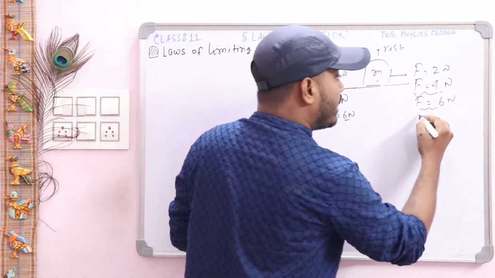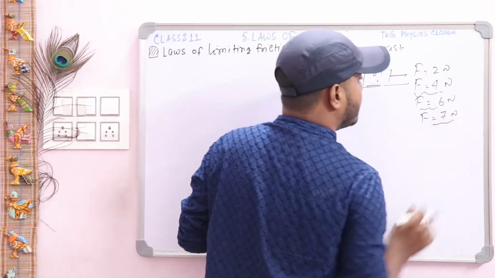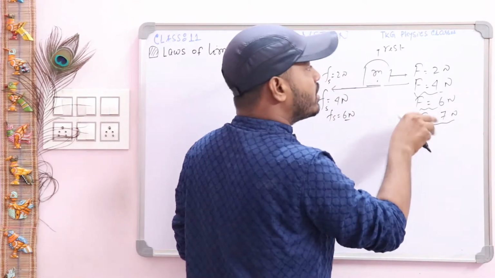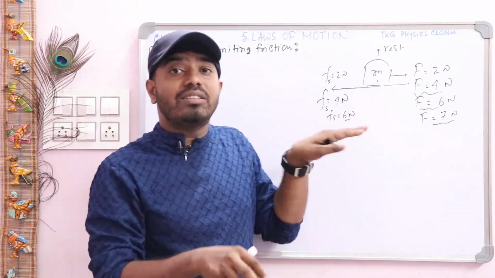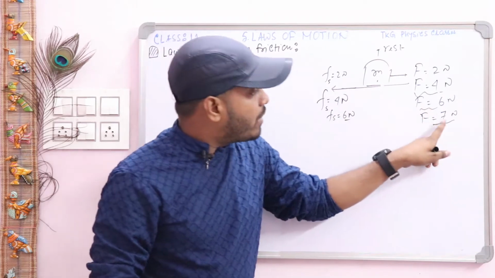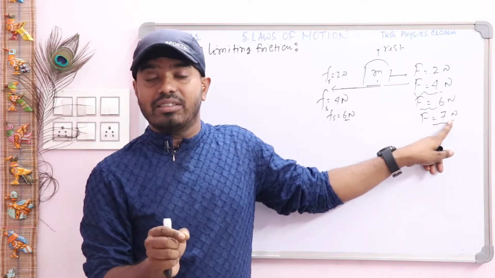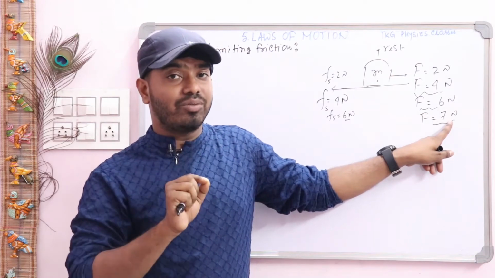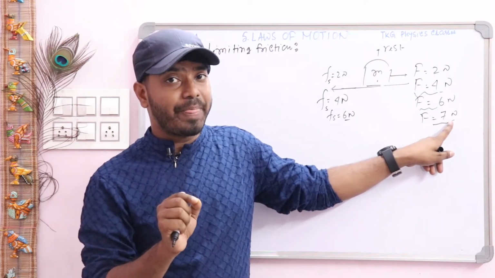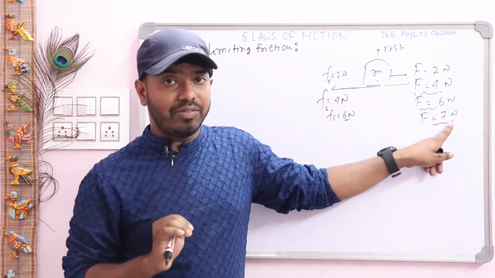Now suppose I apply a 7 Newton external force, and I observe that the body is in motion. When the body is already in motion, the frictional force which arises is known as kinetic frictional force.